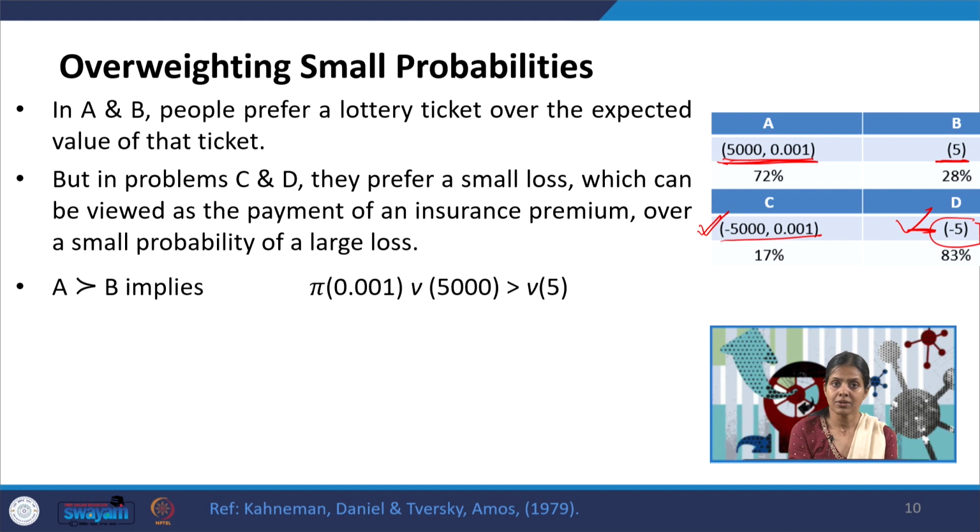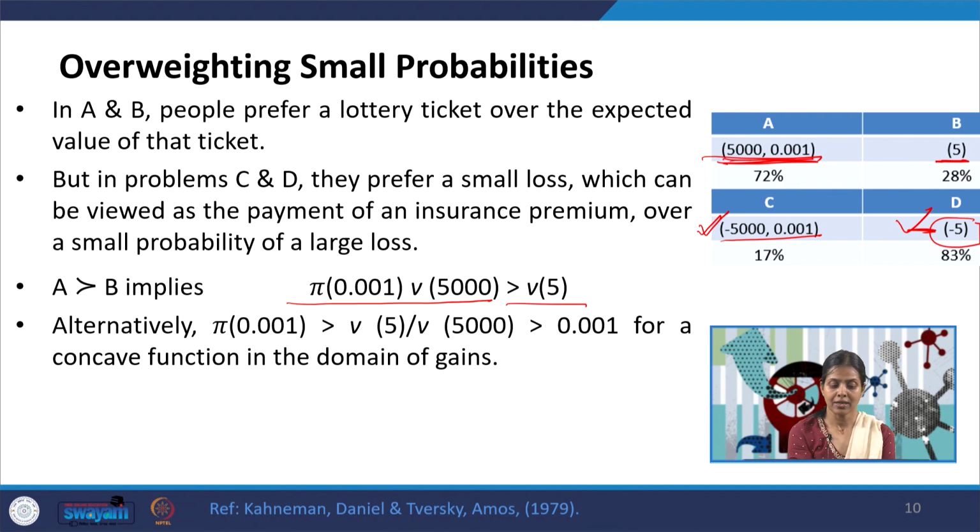Now, A preferred to B implies pi(0.001) V(5000) is preferred to V(5). Alternatively, we can write it as pi(0.001) greater than V(5) divided by V(5000), that is we are taking V(5000) to the other side, and this is expected to be greater than 0.001 for a concave function in the domain of gains.